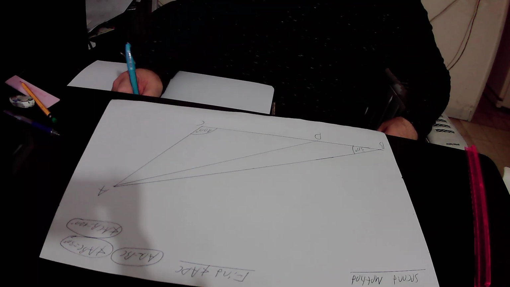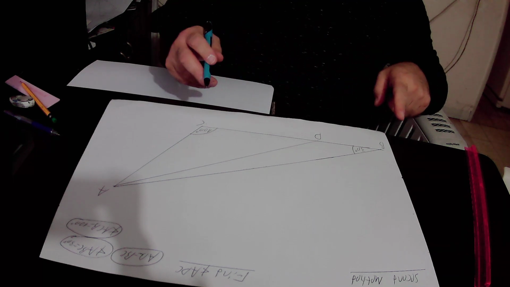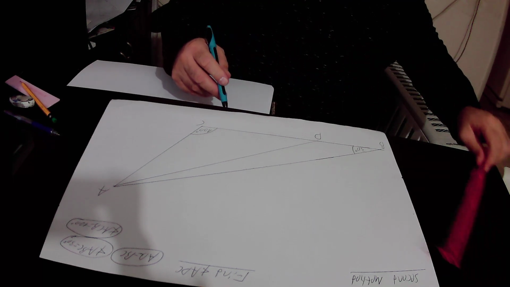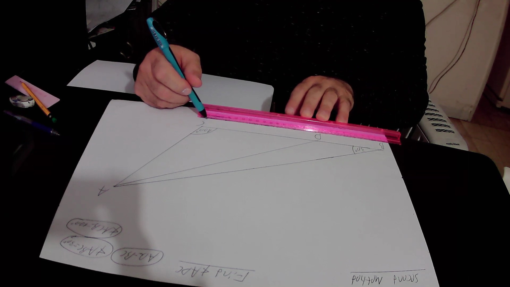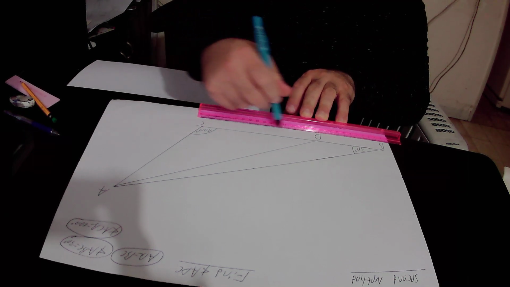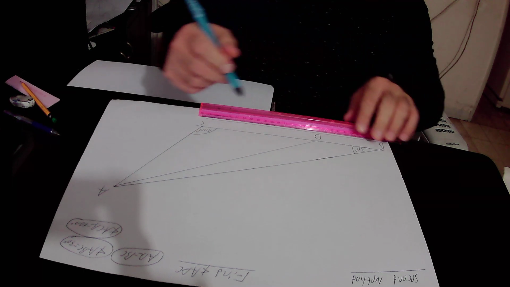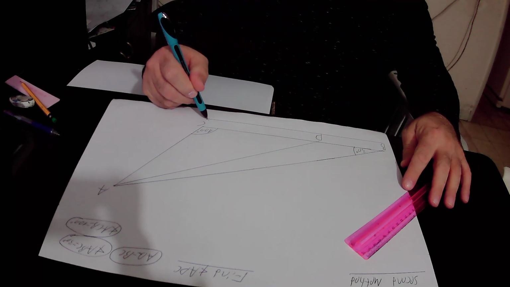So, in the second method, first of all, we will define side BC of triangle ABC as A. That is to say, the length of side BC equals A units. BC equals A according to our definition.